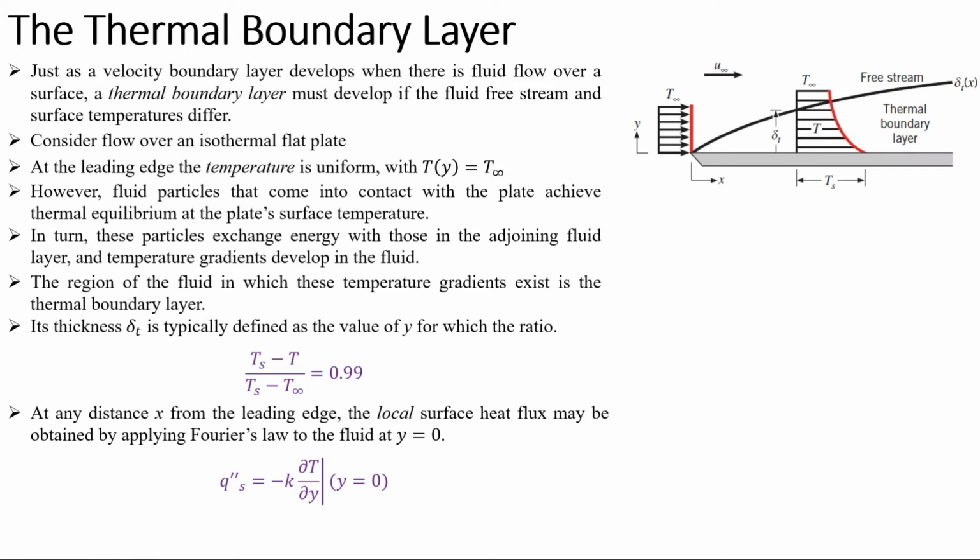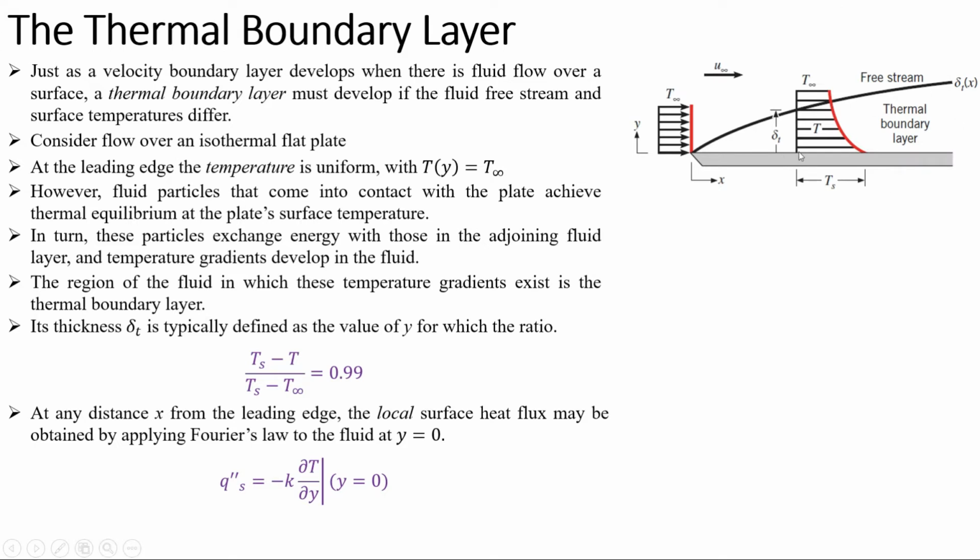And remember that temperature is changing in the y direction, and the point where the fluid comes in contact with the surface will have zero velocity, and due to zero velocity there will be no fluid motion, which means the heat transfer at that point will be due to conduction.